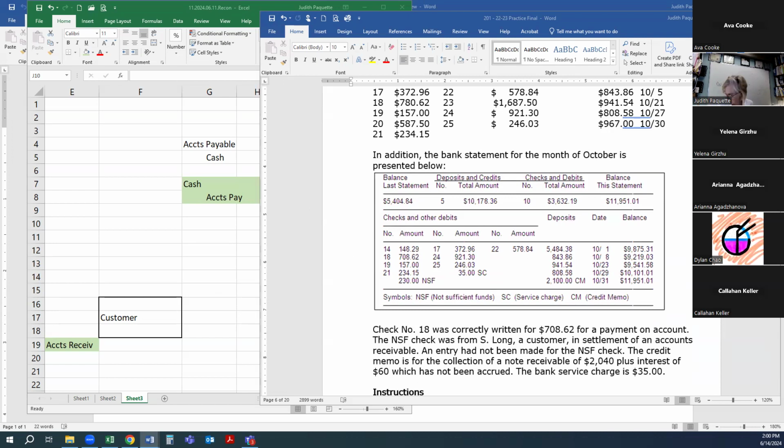Or are you guys good with the solution? Okay, you guys are good. All right. I don't want to waste your time, but I think this is a good problem, and it's better than the other one because you get more of a full bank reconciliation where you actually have a bank statement that you have to wade through.